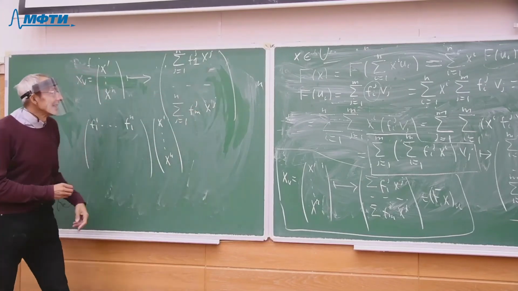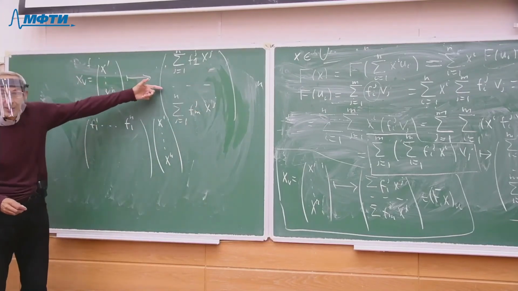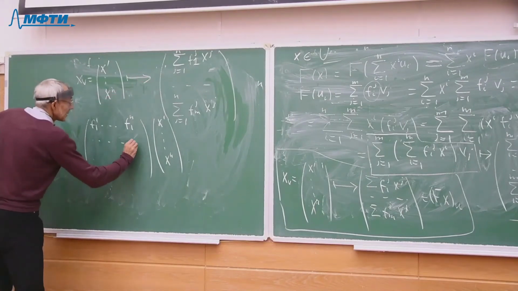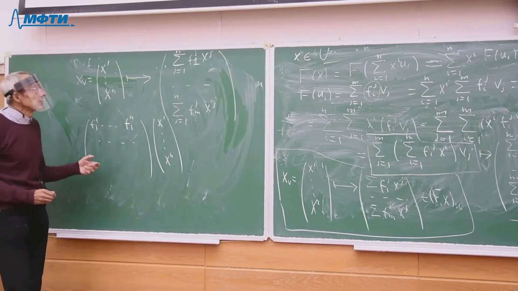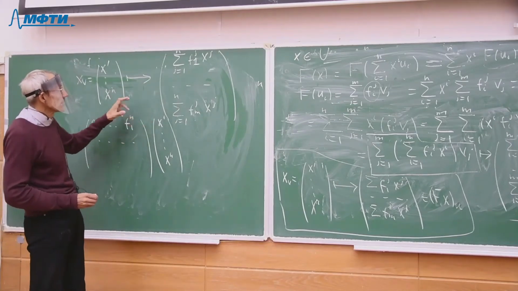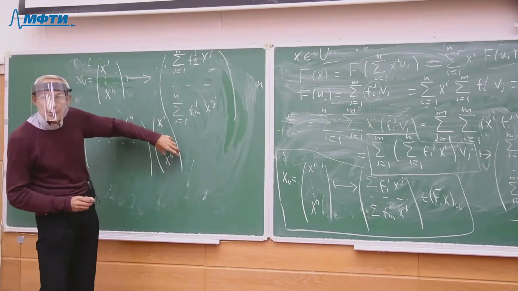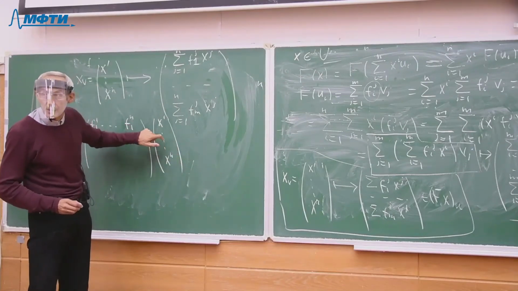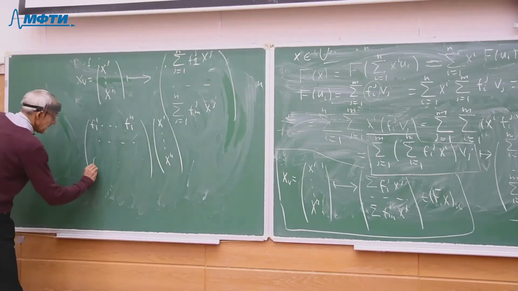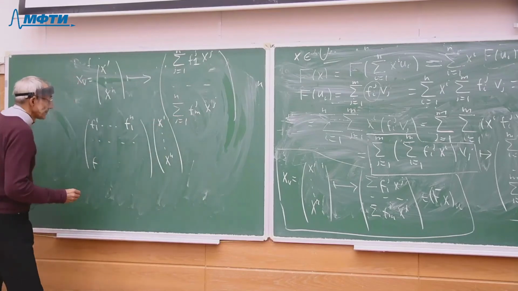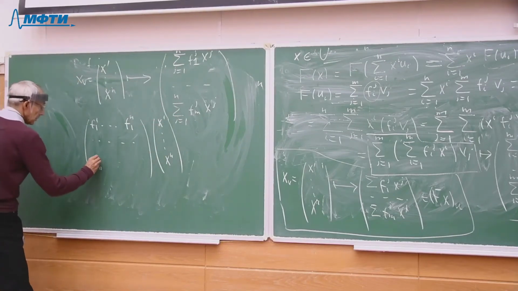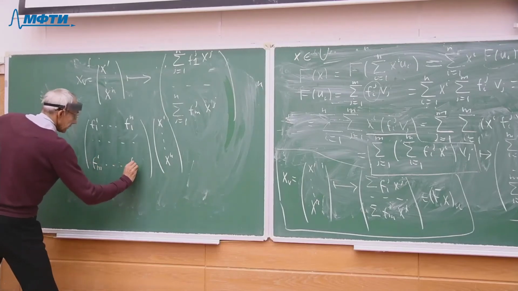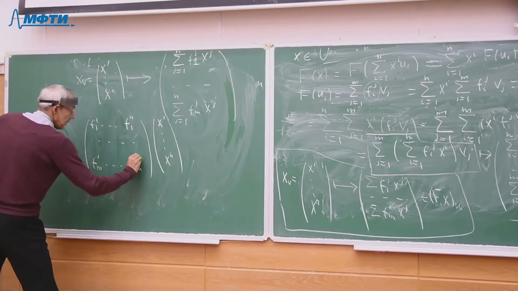Okay. And for the second row, in the same way, I obtain the multiplication of the second row of this matrix by this column, and the last row has the following form.